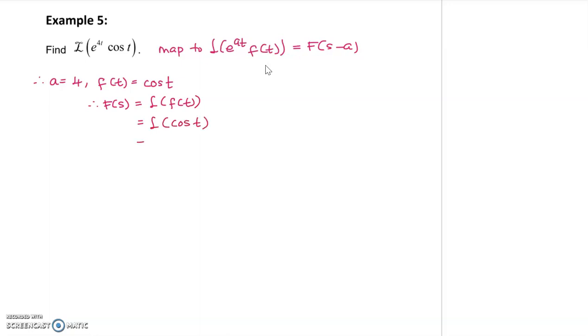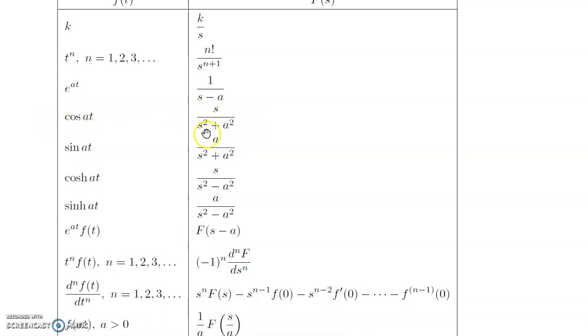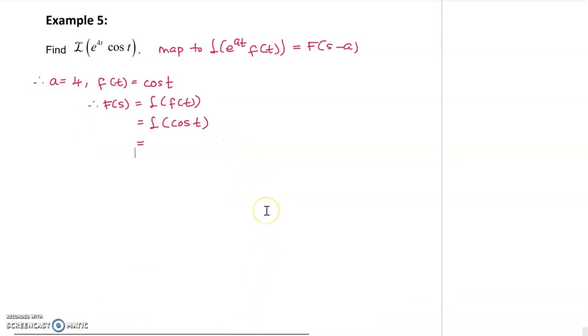So F(s) is the Laplace of f(t), where our f(t) is cos t. By the table, we find the Laplace of cos. Here, for cos at, the answer is s over s squared plus a squared. In our case, we have cos t, so a is 1. So s over s squared plus 1 squared.